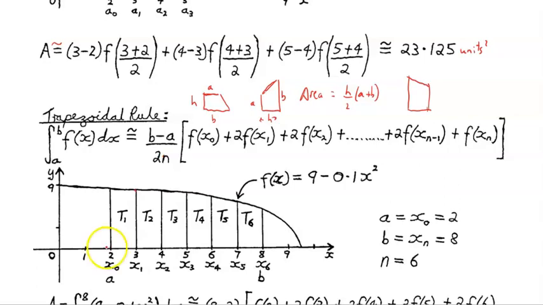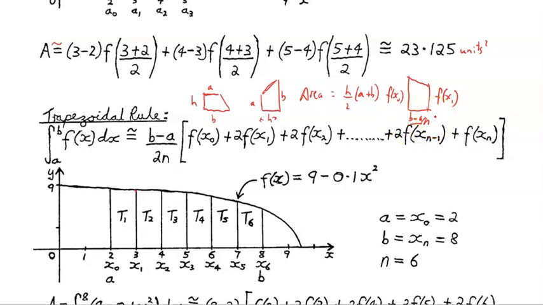And we're taking this height here, that is f of x0, and this height on the right is f of x1, and then the difference under here is b minus a on n.